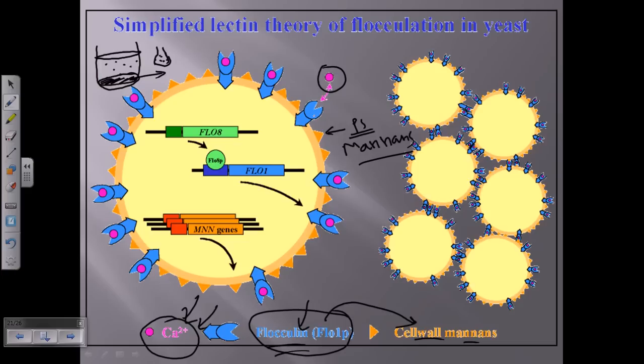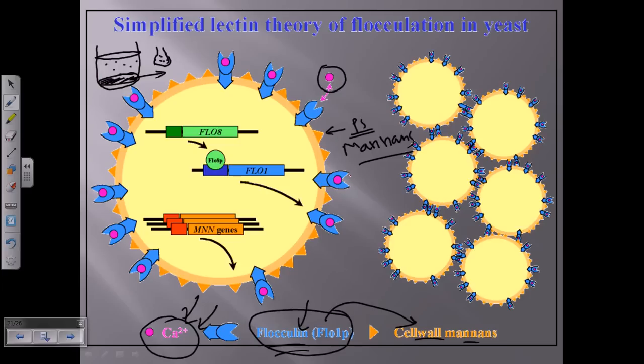As you can see here, normally when the mannan is attached to flocculin, the binding region or active site of both of these interactions is small. It is not enough to fit onto the mannan of another cell. Now as the calcium binds, it alters the structure of the mannan and flocculin.